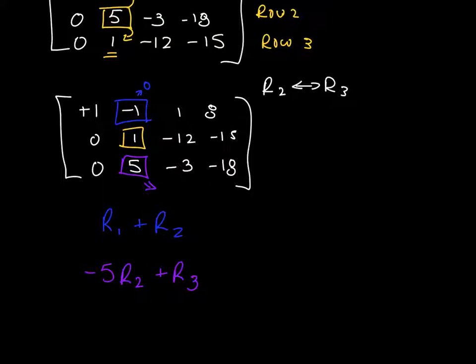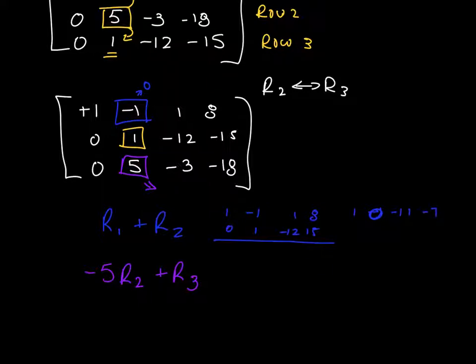So row 1 is just 1, negative 1, 1, and 8. Row 2 is 0, 1, negative 12, and 15. Adding those two together gives me a 1, 0, negative 11, and negative 7.